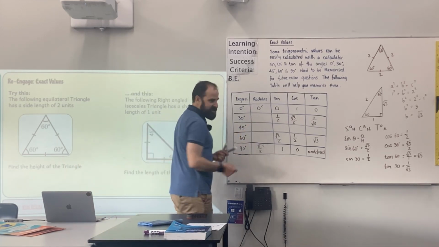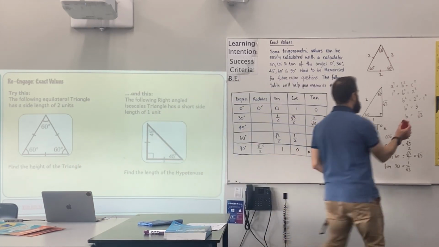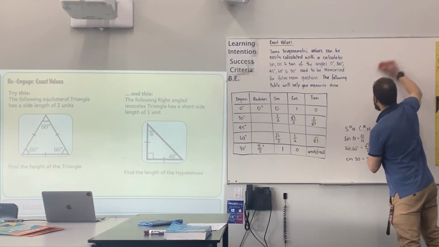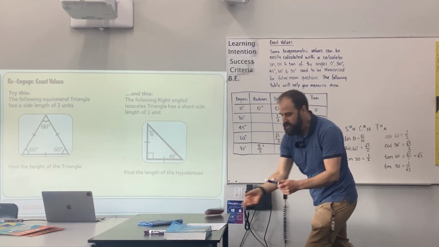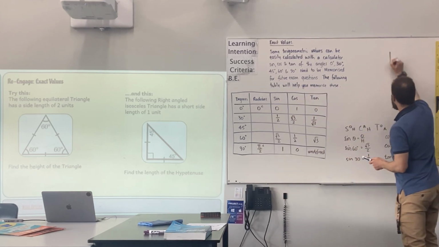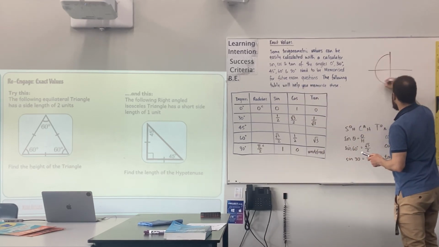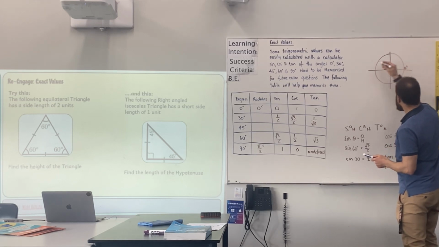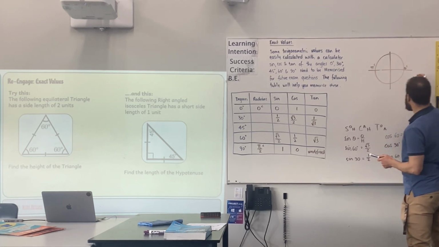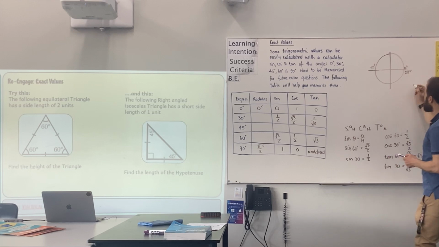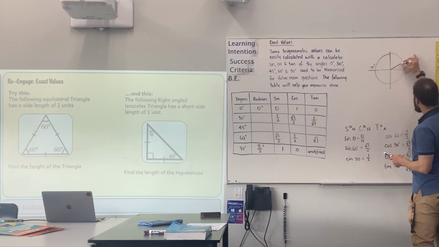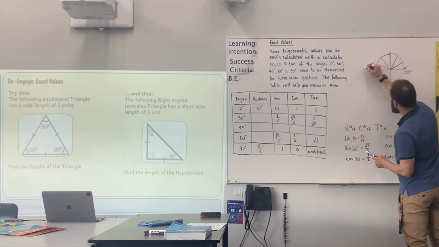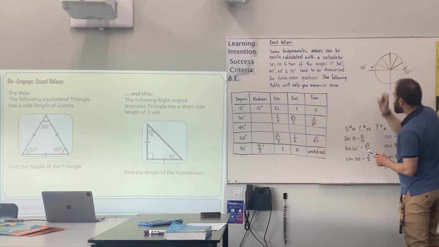Add in the radians. Now you could convert using the formula, or you can go back to the unit circle and think, okay, we know that this is 0 radians, pi radians, 2 pi radians. If I broke that up into 6 equal parts, this was 180 degrees, wasn't it?